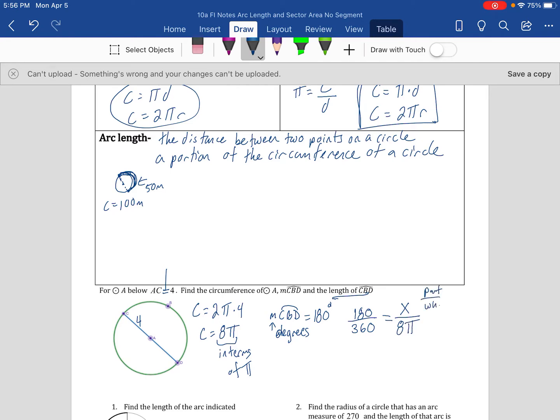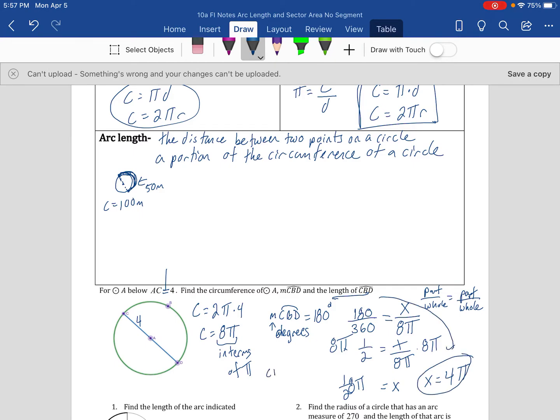Part over whole equals part over whole. Another way to think about this is, 180 over 360 is 1/2, which is equal to x over 8 pi. If I multiply each side by 8 pi, x, my arc length, is going to be equal to 1/2 of 8 pi. So x, my arc length, is going to be equal to 4 pi.